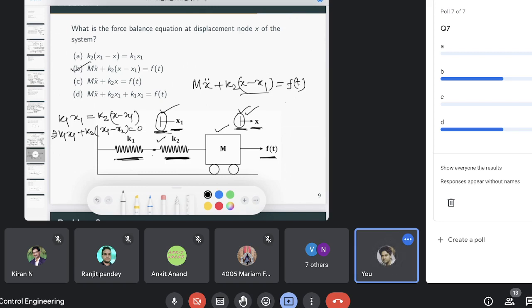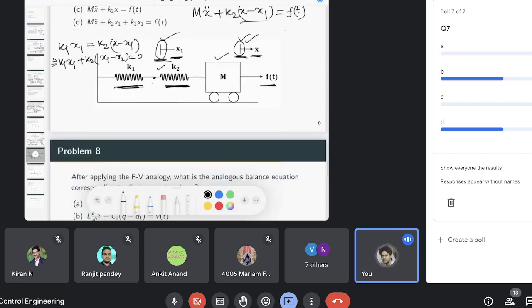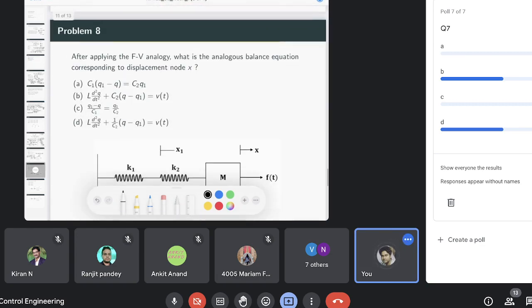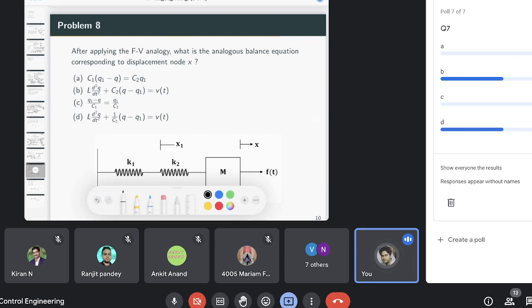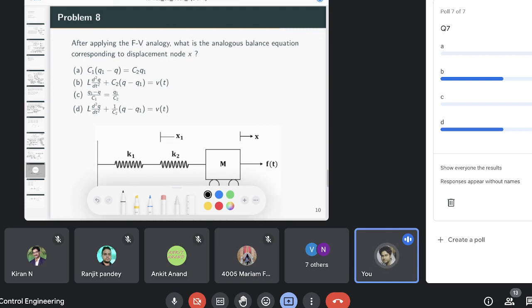Okay, so then move to next question. Okay, so you already have learned this analogy between electrical and mechanical system. So for this system you have to find this force voltage analogy. Okay, so this analogy means that you may have different type of system like electrical, mechanical, everything, but the mathematical description is same, right?